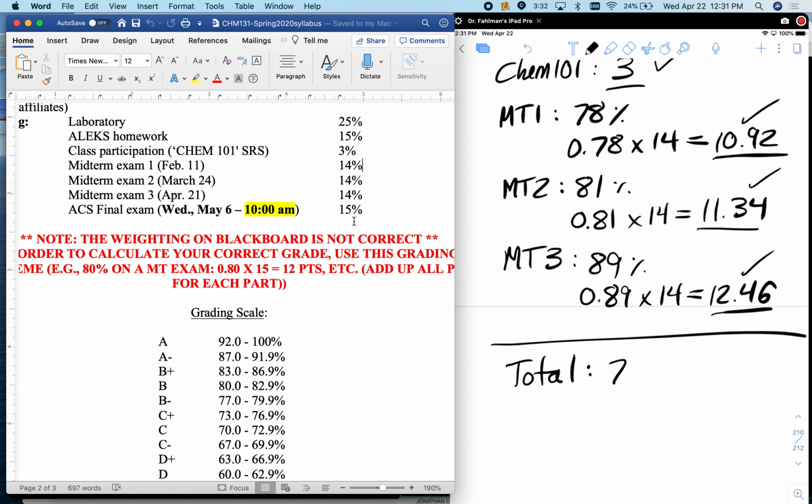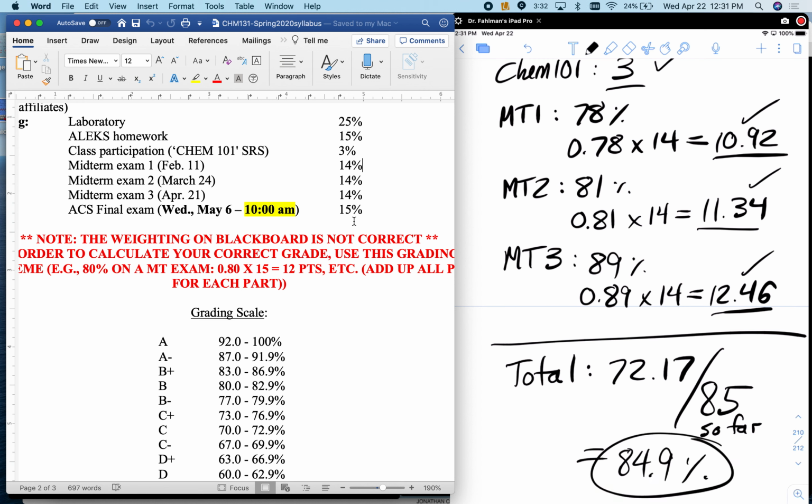So that's 72.17, and it's going to be out of 85 so far. And so divided by 85, that gives you 84.9%. And then you just look on the grading scale, and that would be a B plus.